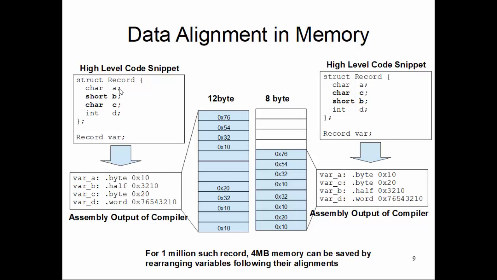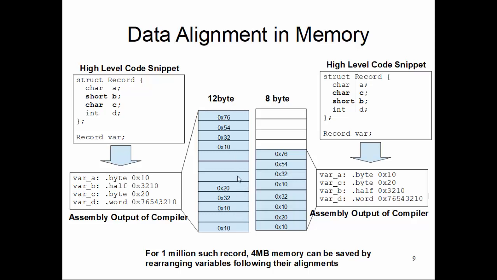So if the compiler compiles that structure like this sequence, like the experiment we started with, then we have a lot of wasted space. It's like 4 bytes of wasted space.